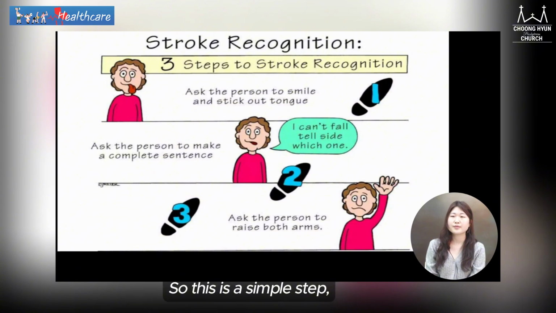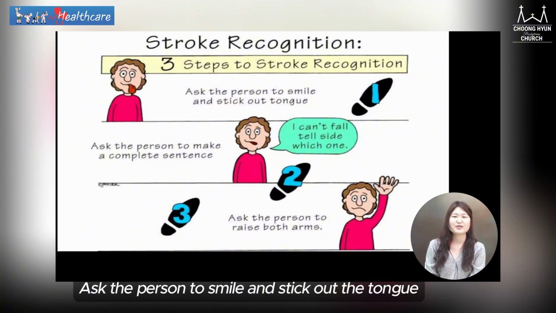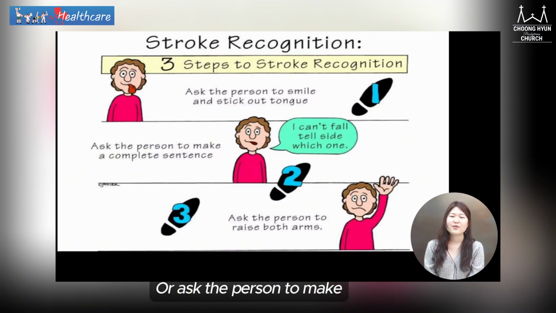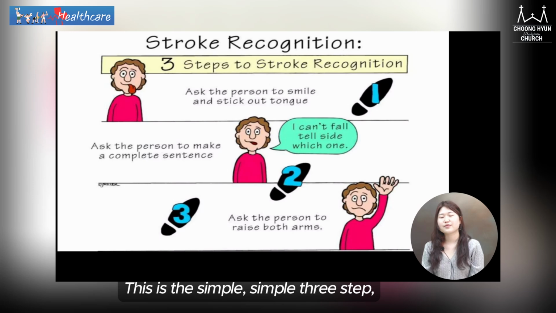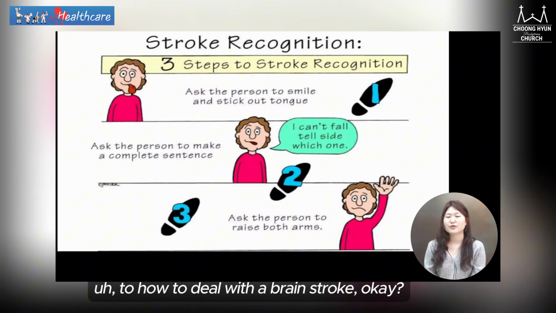So this is a simple stroke recognition step. Ask the person to smile and stick out the tongue, or ask the person to make a complete sentence, or ask the person to raise both arms. This is a simple three-step way to deal with the brain stroke.